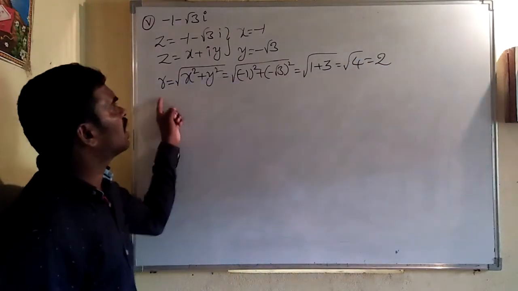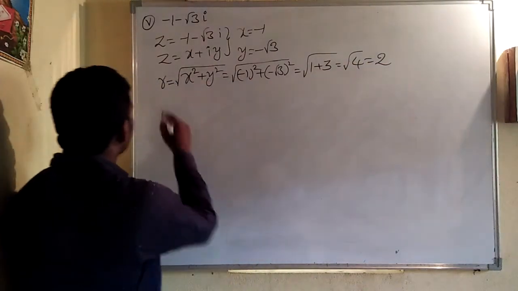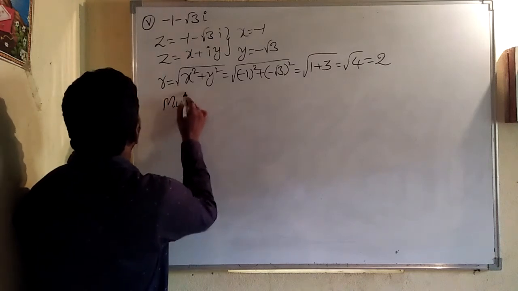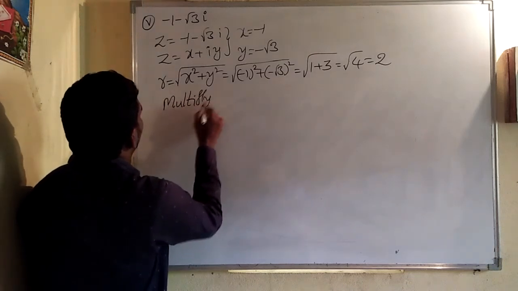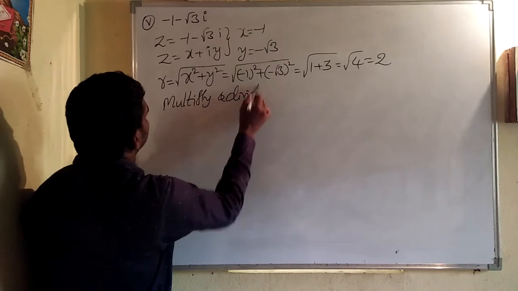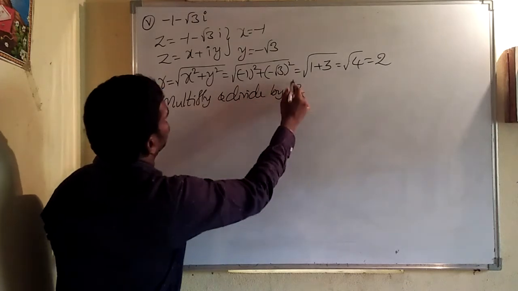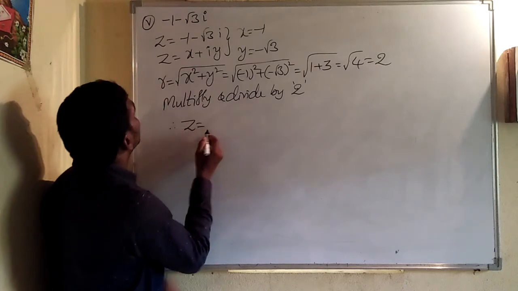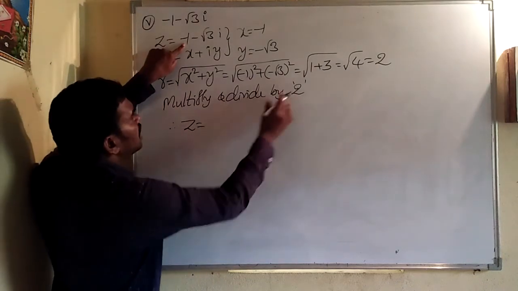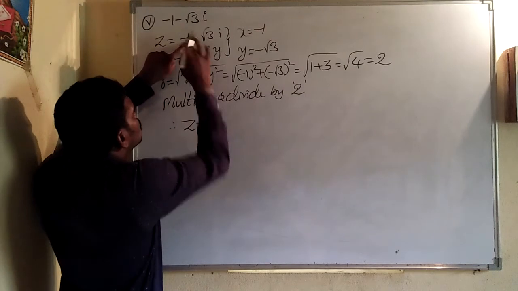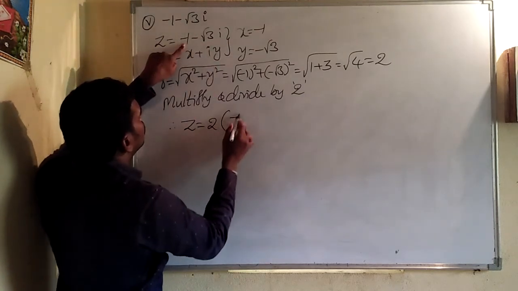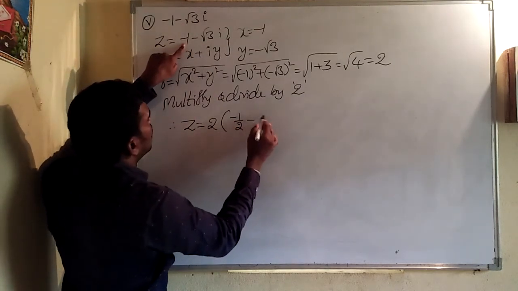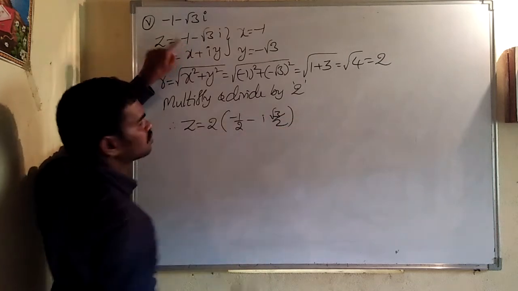So the R value we got is 2. Immediately after getting the R value, multiply and divide by 2. Therefore, z equal 2 into -1 by 2 minus i root 3 by 2.